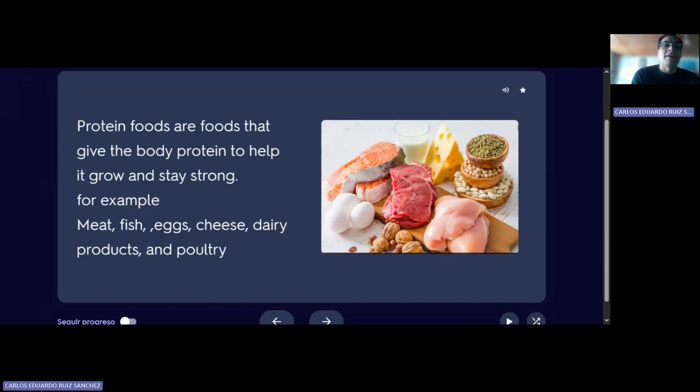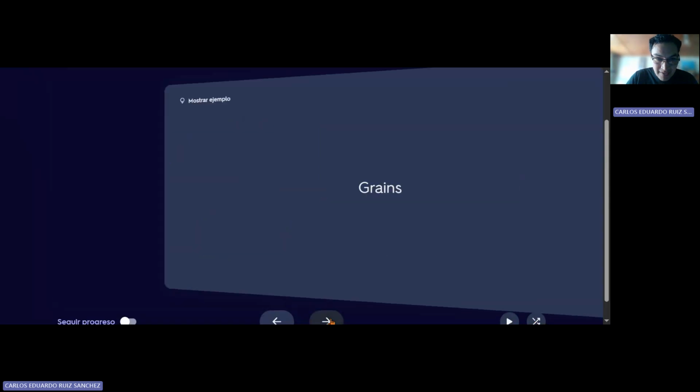Protein foods are foods that give the body protein to help it grow and stay strong. For example, meat, fish, cheese, dairy products, and poultry. We need to identify here the vocabulary, okay? Foods, it's in plural, it's a noun in plural. Help, grow, there are some verbs. Stay strong, and some examples of protein foods. With this vocabulary, we need to answer.